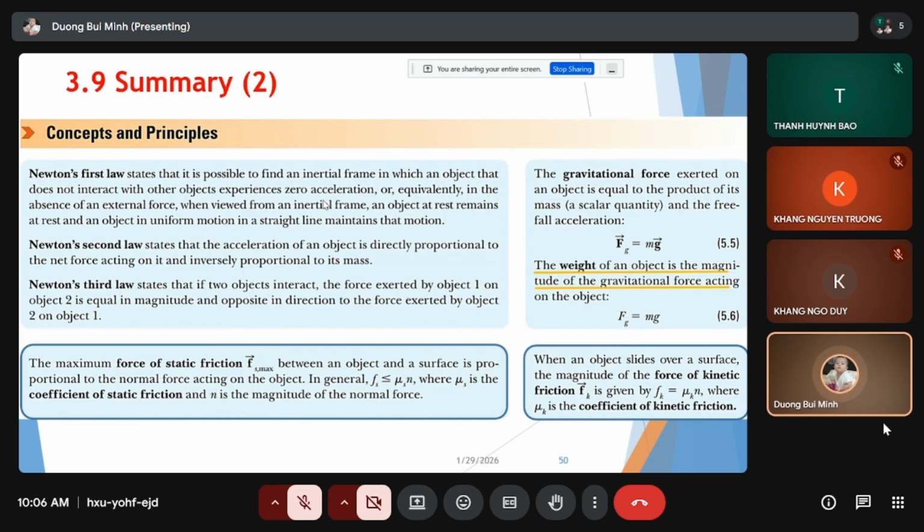We apply projections of any force into x-axis and y-axis components, and then we apply Newton's law. You can analyze any mechanical system, any physical one. Any questions so far?